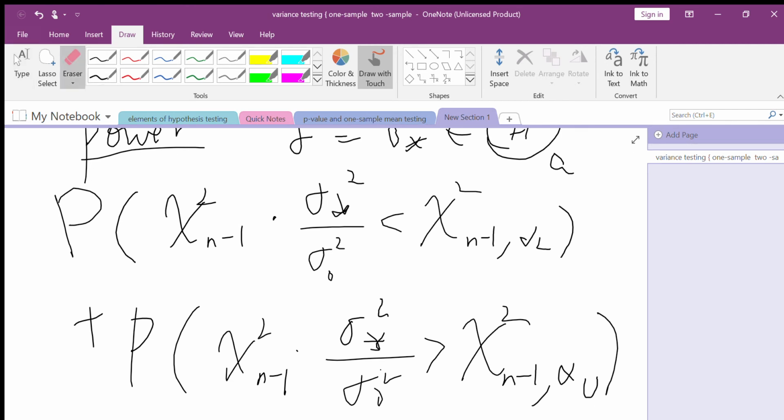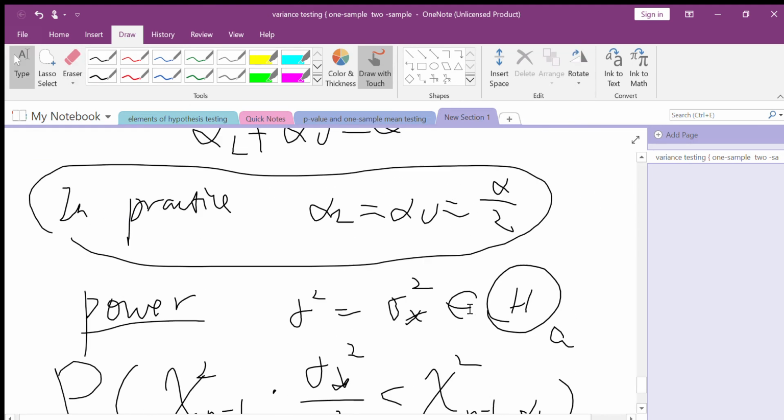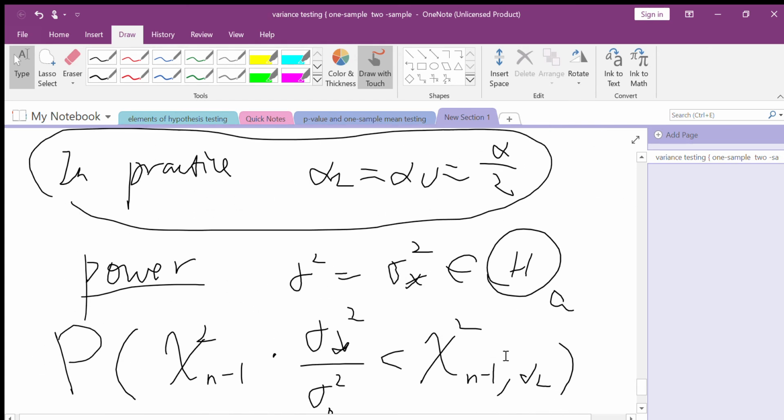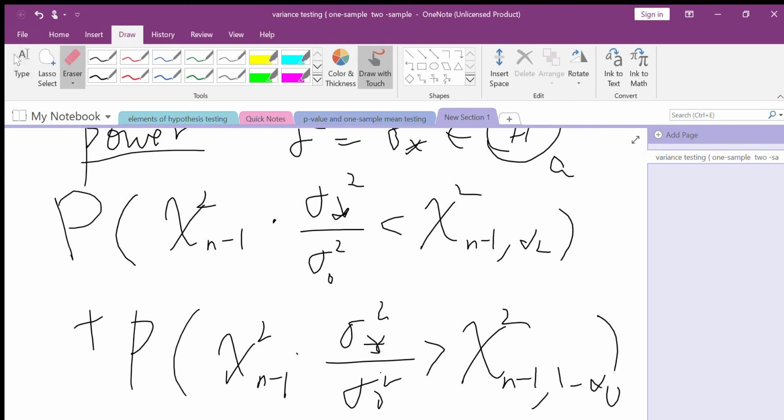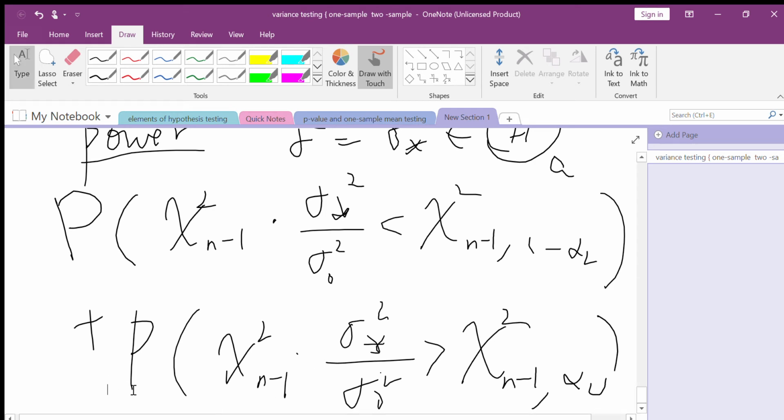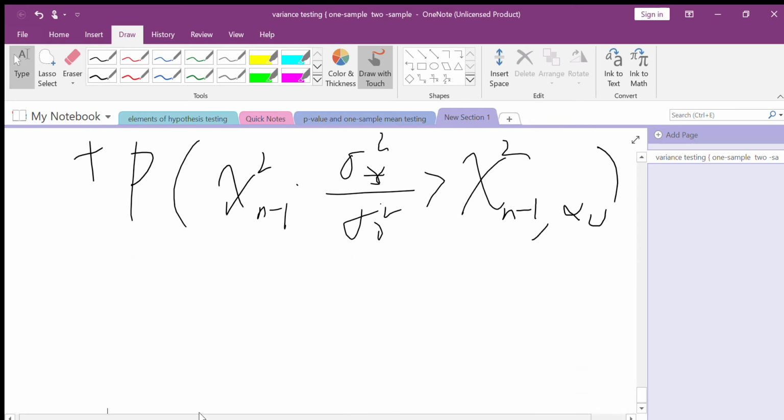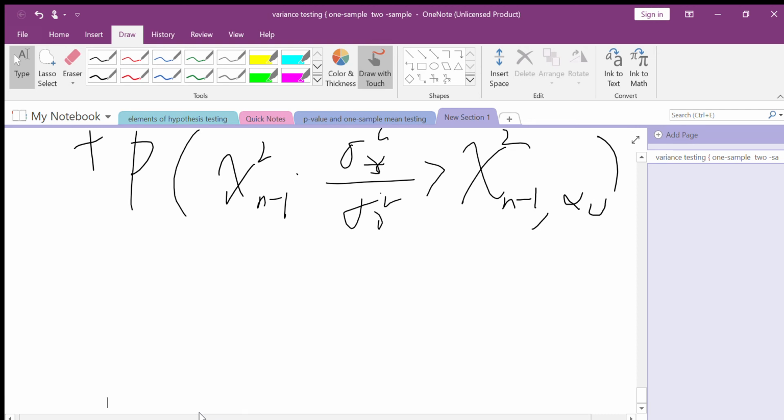So this should be 1 minus alpha U. Sorry, this is just alpha U. This should be 1 minus alpha L. Yeah, that's it. This is the power for two-sided one-sample variance testing.